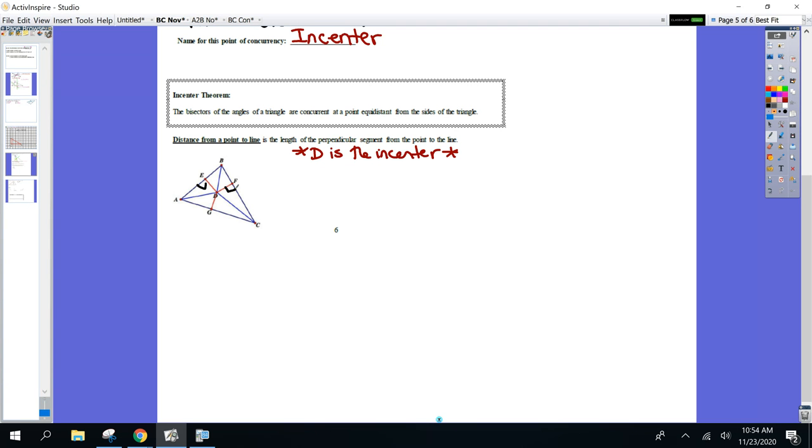So you should see right angles, because it can't be equal to any point on the side. It's got to be the point on the side where it makes a right angle. So the incenter is equidistant from the sides. So my conclusion here about my diagram, here's what I can conclude.